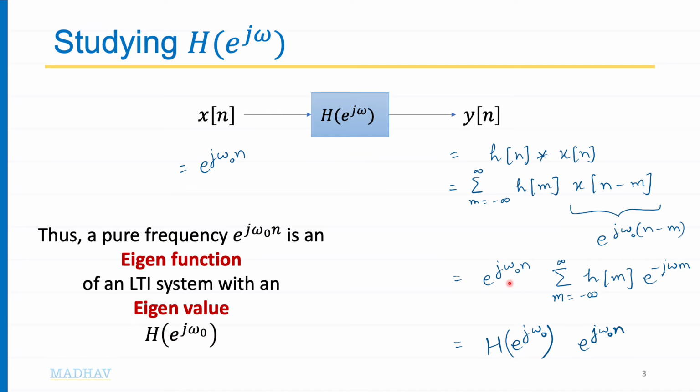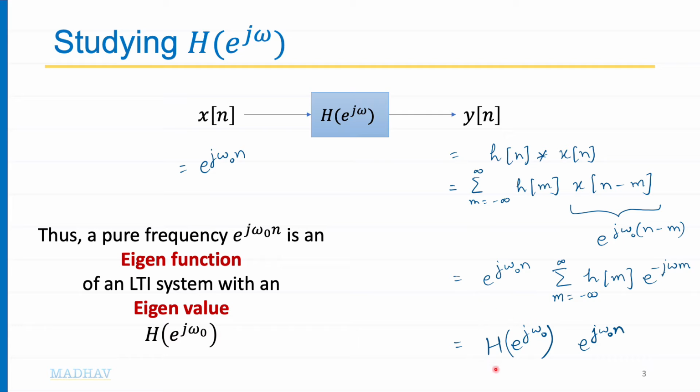So what we find out is that a pure frequency e^{jω0 n} is an eigenfunction of an LTI system, and the eigenvalue is H(e^{jω0}). So basically it means if I pass this function into my LTI system, the output will be a scaled version of this function, right?